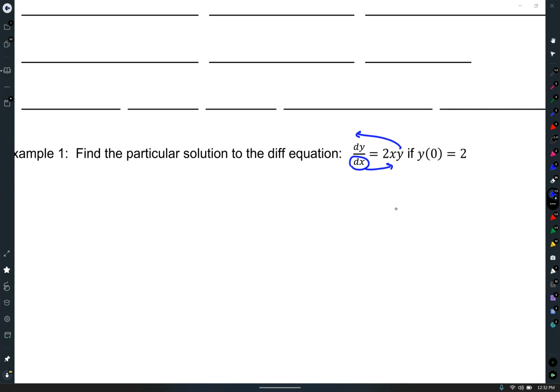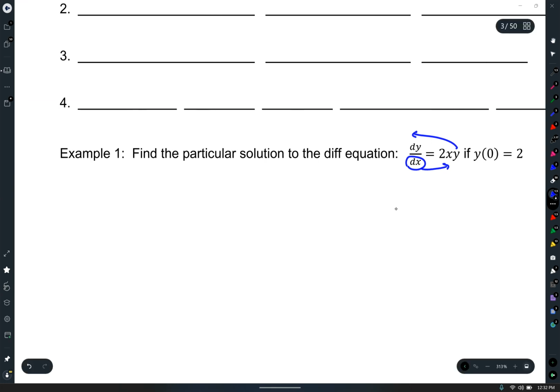All right, so how am I going to move the y to that side? Please don't say subtract it. Divide. So on the other side, I'm going to write 1 over y dy. Why did I write 1 over y dy instead of dy over y? Because doesn't that look like something that you could integrate? Okay. And then on the right side, I've got the 2x that was there and then the dx.